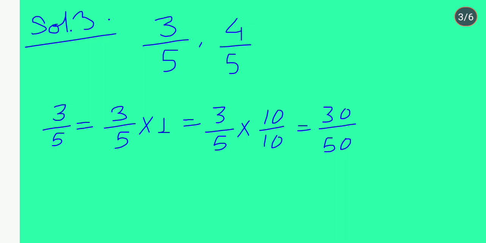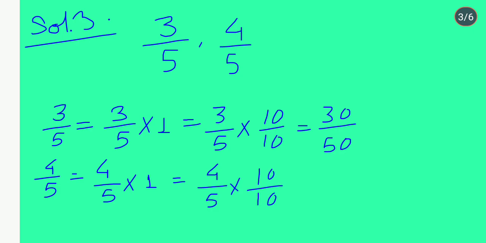Similarly, you can write 4 by 5 is equal to 4 by 5 multiplied by 1, that can be written as 4 by 5 multiplied by 10 by 10. So that will be equal to 40 by 50.